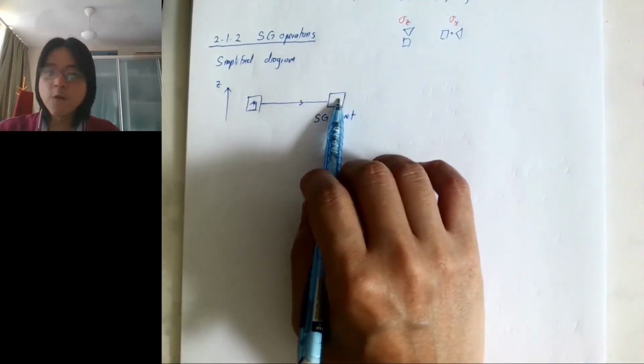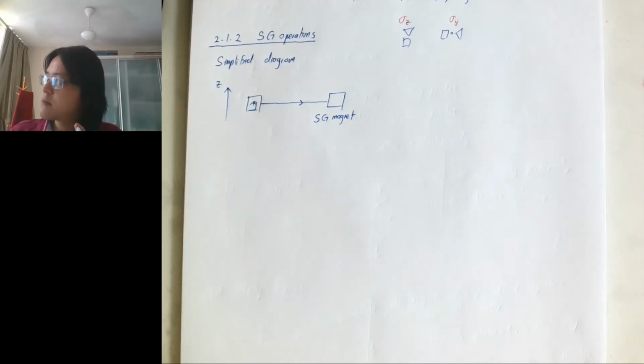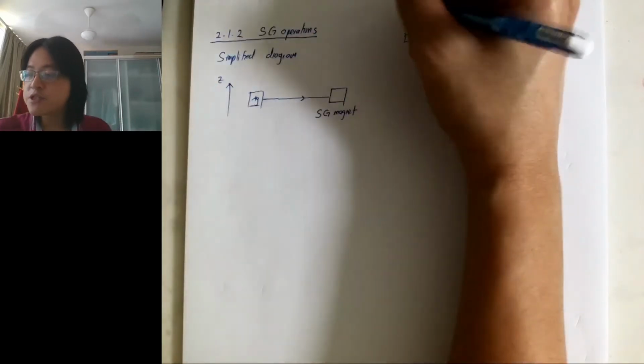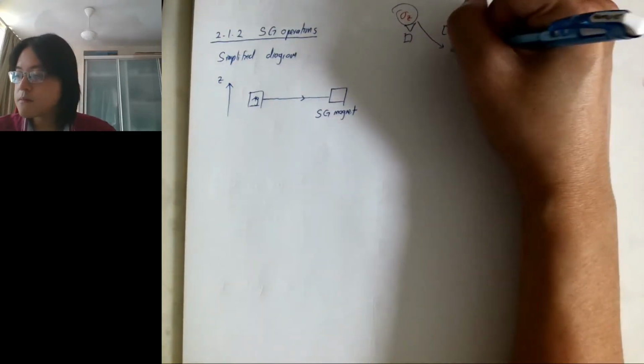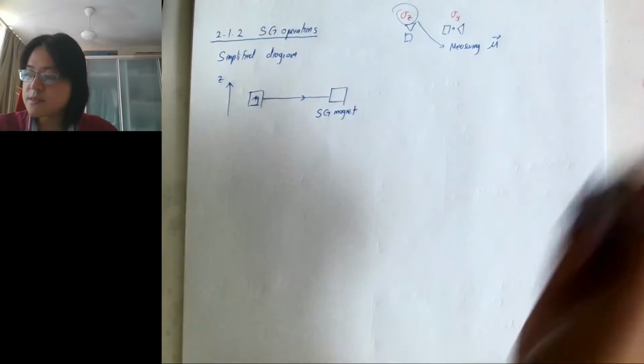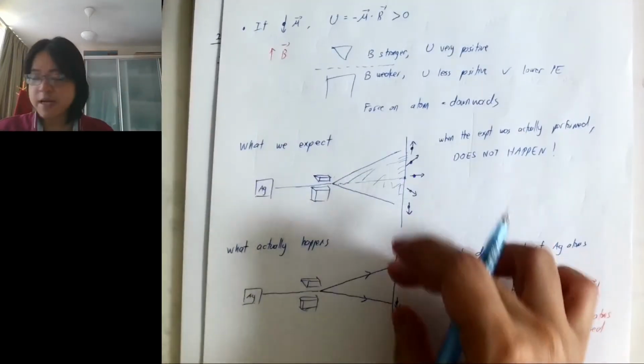So why did we learn operators? Remember postulate 3. Postulate 3 says that measuring a physical property corresponds to a Hermitian operator. What we are measuring is this, because we are checking the experimental outcomes, like what comes out.